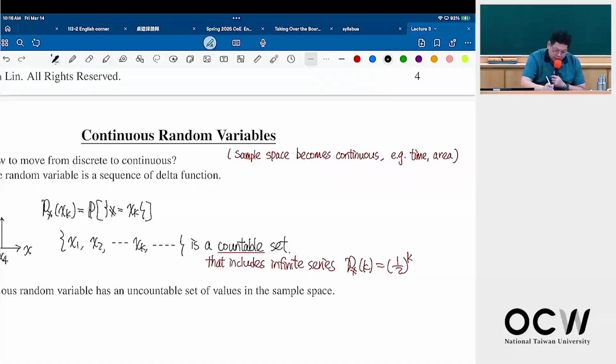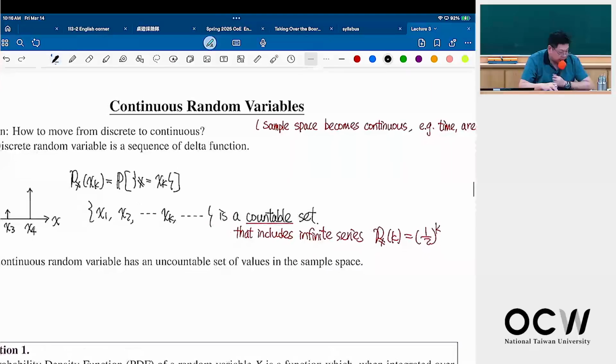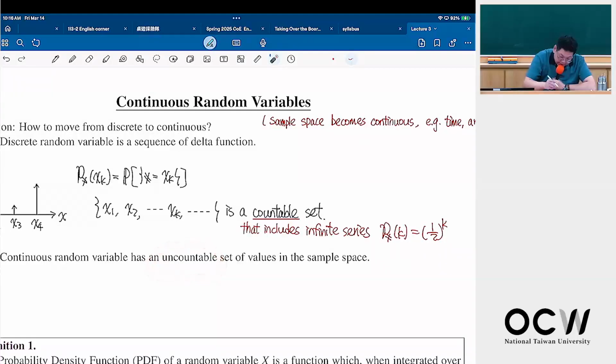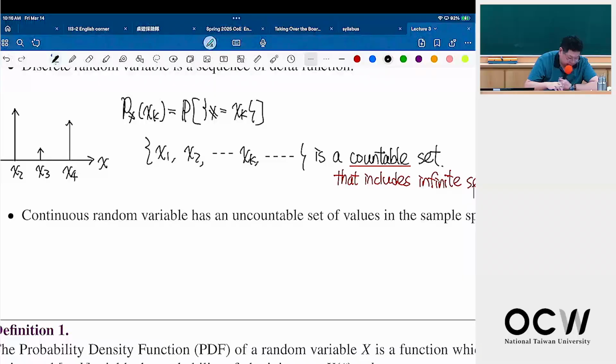Now, for the continuous random variable, it has an uncountable set of values in the sample space. Here it becomes uncountable. And instead of saying PMF, it's called PDF, and we will introduce the PDF right away.